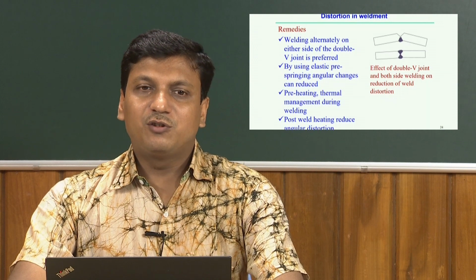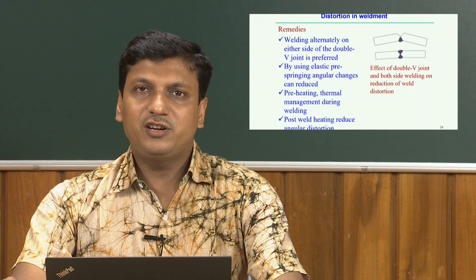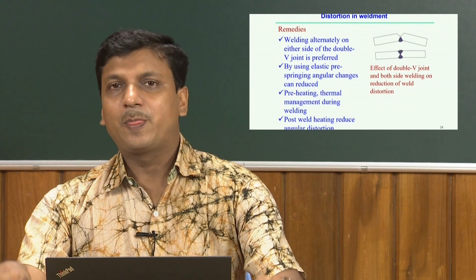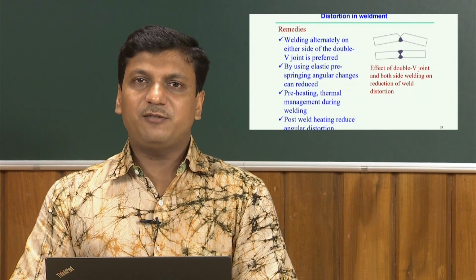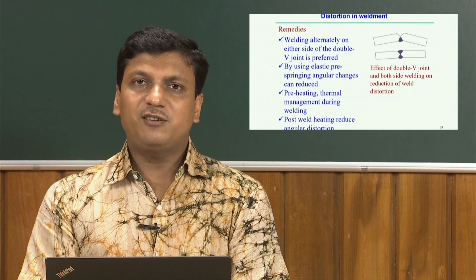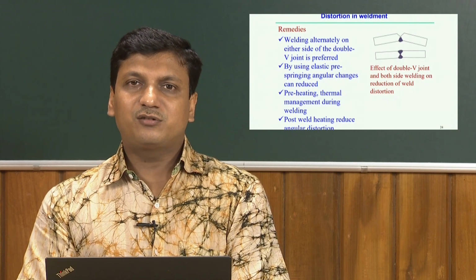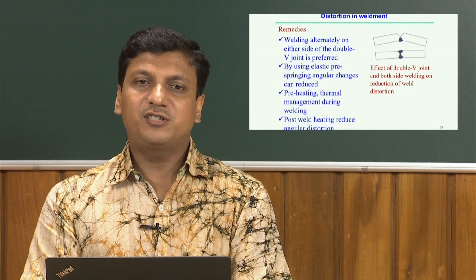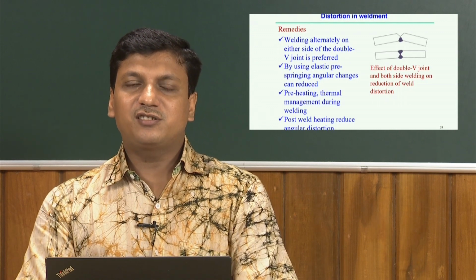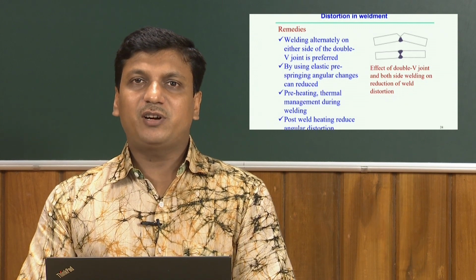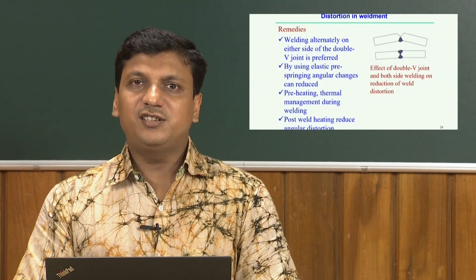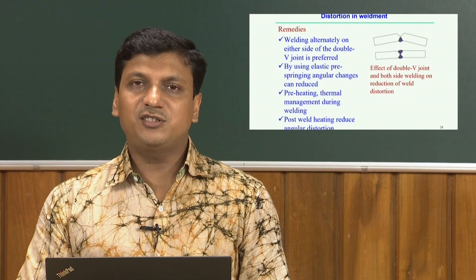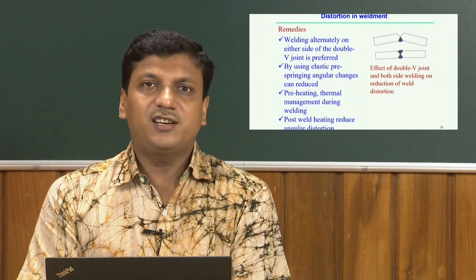And of course, post weld heat treatment or post weld heating also sometimes reduces the angular distortion. So, pre-straining or pre-springing angular changes are straightforward mechanical means to reduce the distortion, but at the same time the distortion is also affected by some metallurgical changes, and those metallurgical changes are very much influenced by the thermal cycle in the welding process.